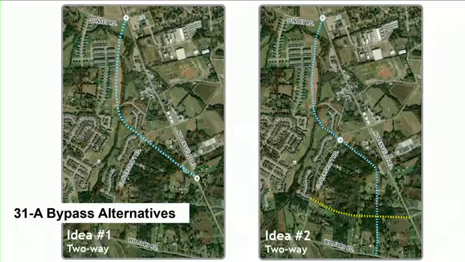I just wanted to mention those because we don't show them here, but they were ideas that people proposed. I think the key reason those east side ones didn't advance was their potential impact on the park, on some of the development here, and even on some of the school-related traffic. Would it exacerbate that?